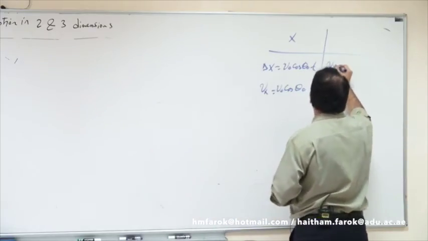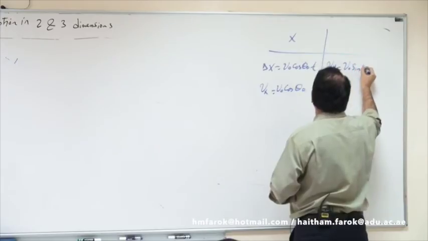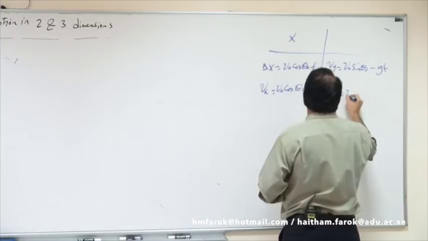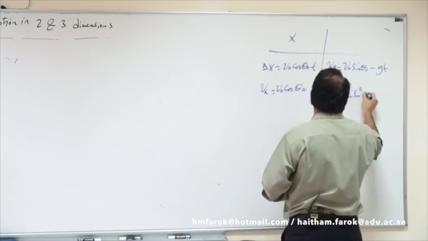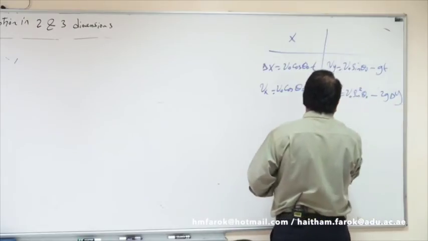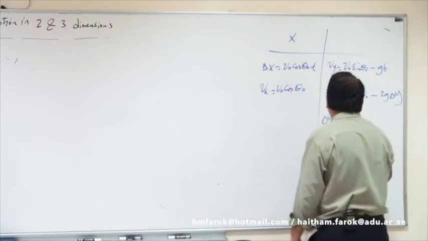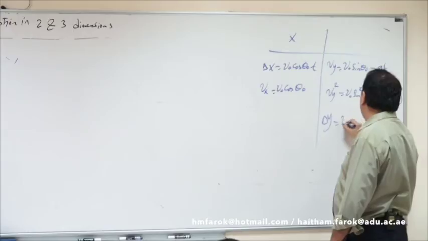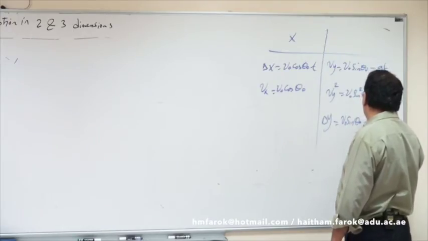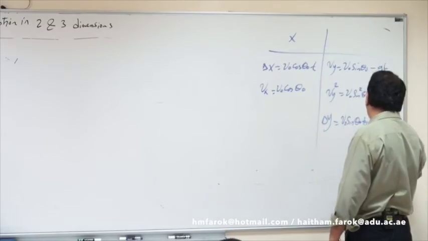Here we have Vy equals V naught sine theta naught minus GT, and Vy square equals V naught sine square theta naught minus 2G delta Y, and delta Y equals V naught sine theta naught T minus half GT square.